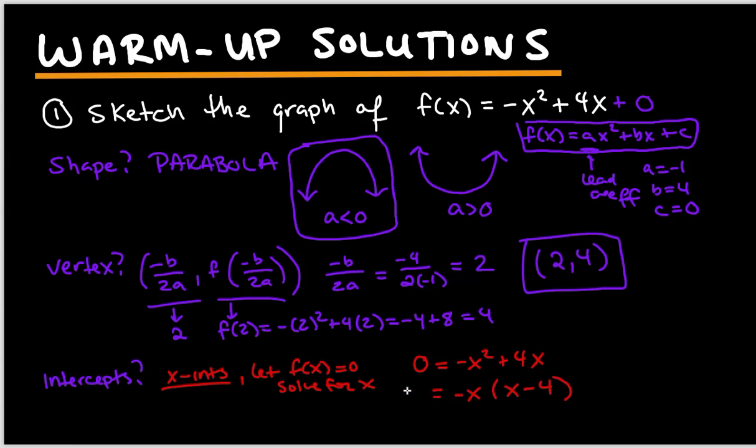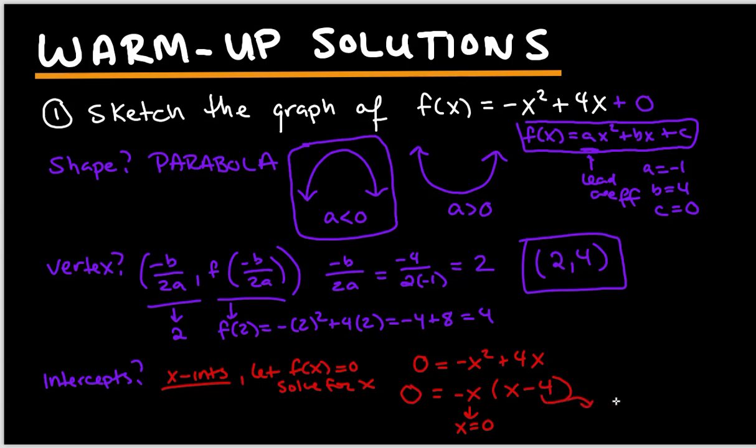Anyway, so what values of x on this right-hand side make the right-hand side equal to 0? Well, it's exactly the values of x that make this 0 or make this 0, because that's a product, -x times x minus 4. And if either one of -x or x minus 4 equals 0, the whole side equals 0. So here, obviously, we get the solution of x equals 0, since -x equals 0 when x equals 0.